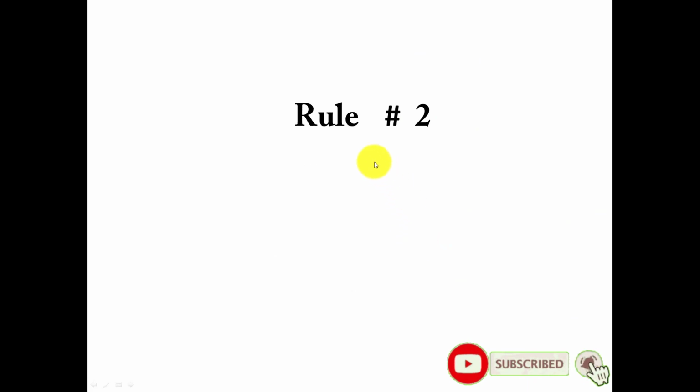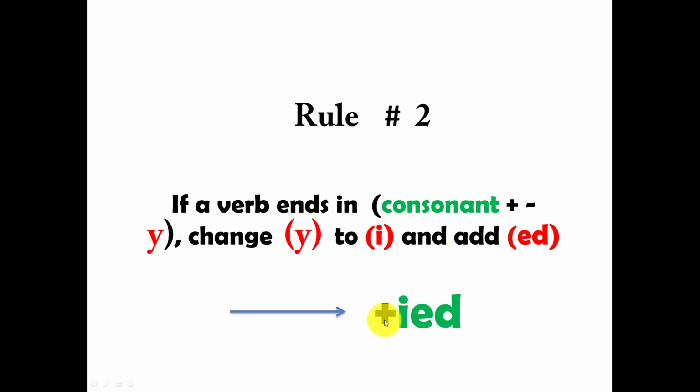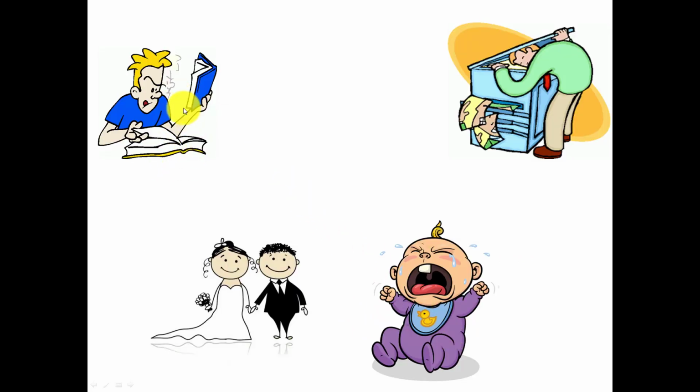Great. Rule number 2. If a verb ends in a consonant plus Y, we change Y to an I and then we add ED. Let's look at the first picture. Can you guess the verb? Good. Study. Next picture.